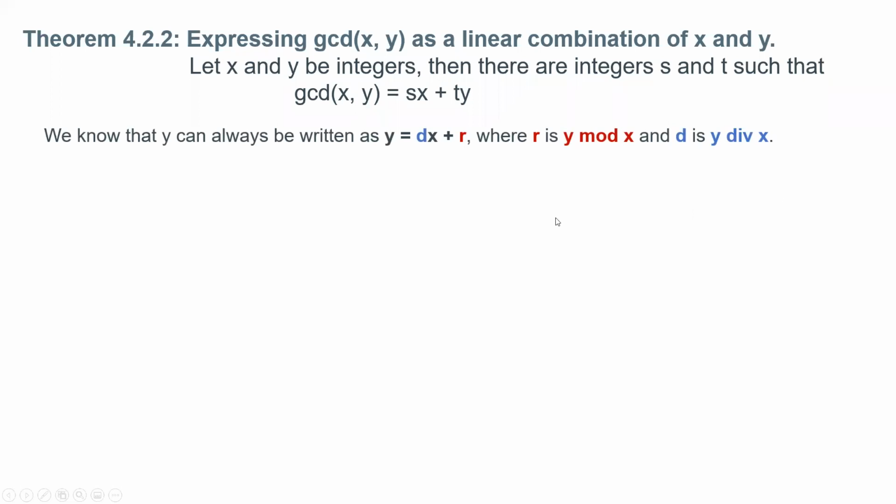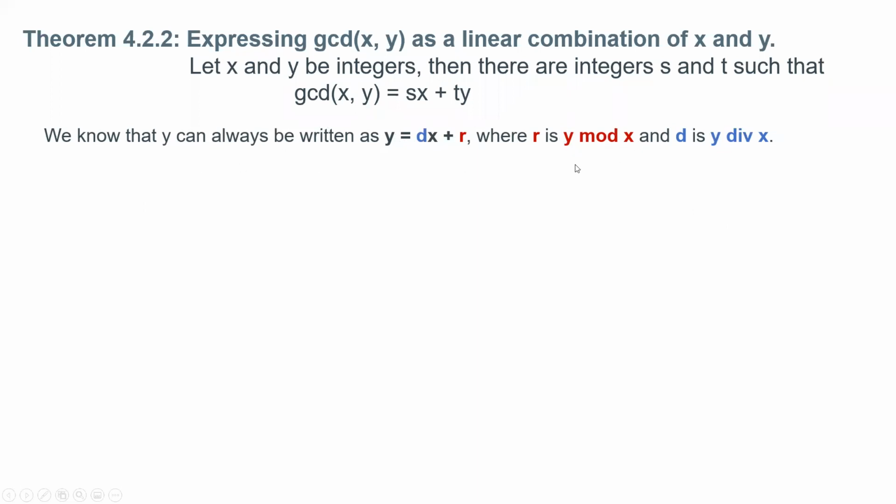Okay, so here we know that y can always be written as y equals dx plus r. That's what I just showed you. Take a number, and I can always have the other number times the one number div the other, and then plus r, which is the one number mod the other.